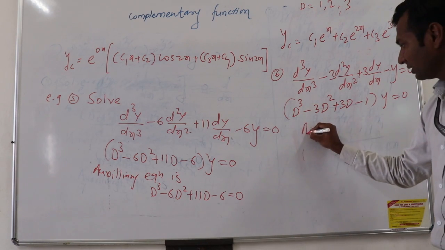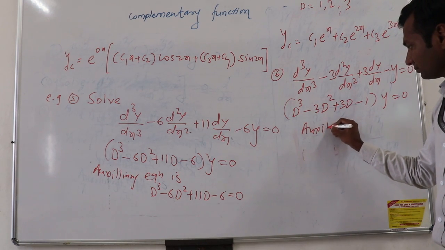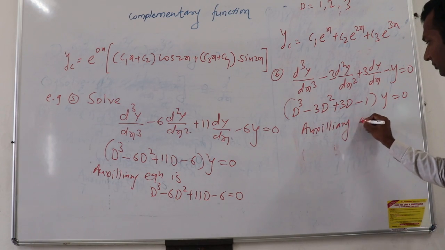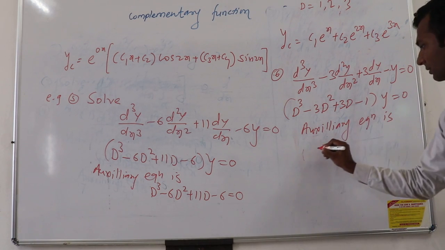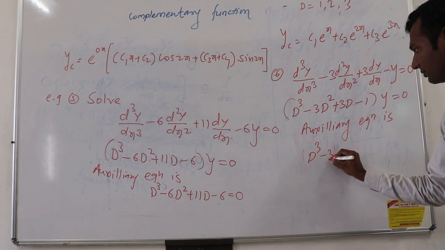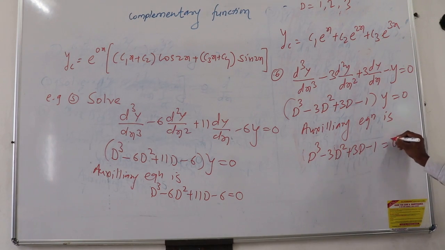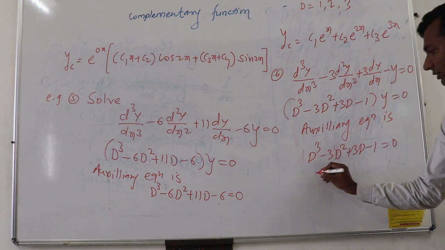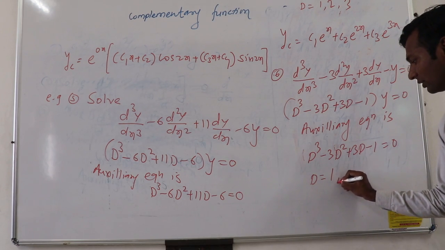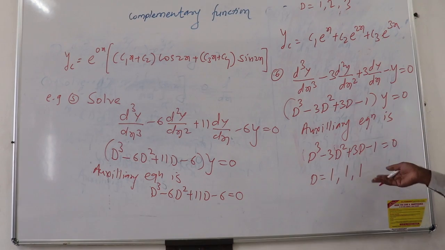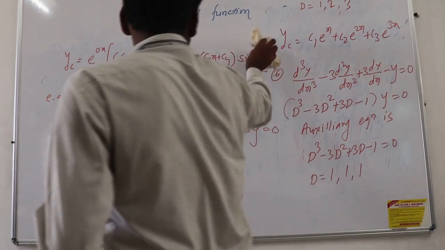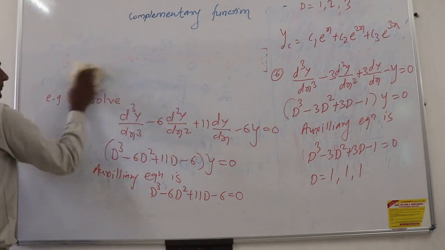Again its auxiliary equation is d cube minus 3d square plus 3d minus 1 is equal to 0. Its roots are 1, 1, 1. Then see that all 3 roots are real and repeated.